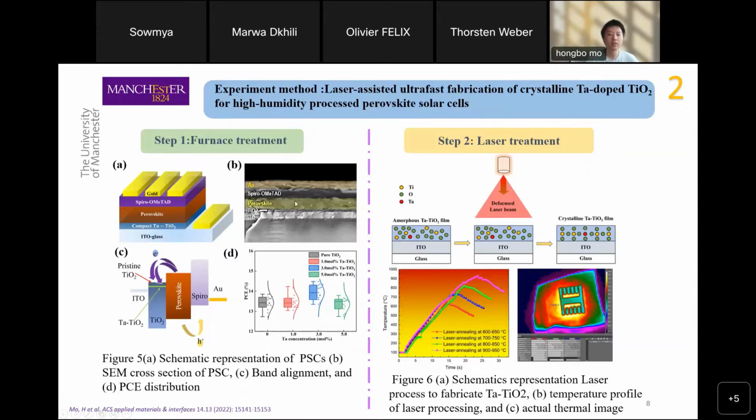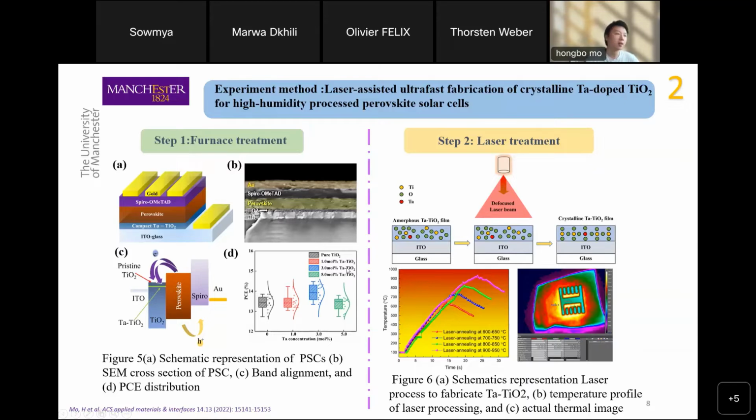In this study, we try to dope the tantalum element, Ta, into the titanium dioxide film to improve the electron transportability of the ETL. First, we use a conventional furnace treatment to find the optimized doping ratio of Ta-doped titanium dioxide. We can see from Figure 5D that a 3% concentration of Ta in the titanium dioxide shows the best efficiency.